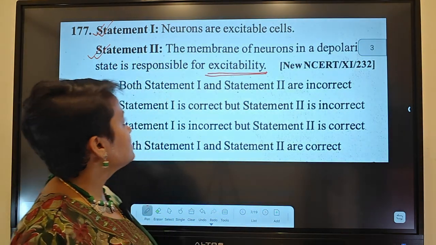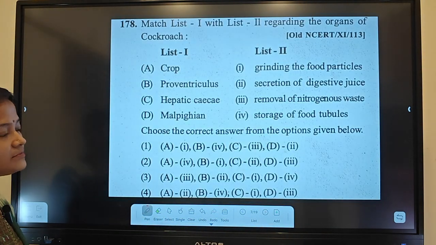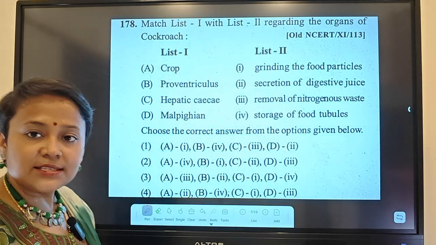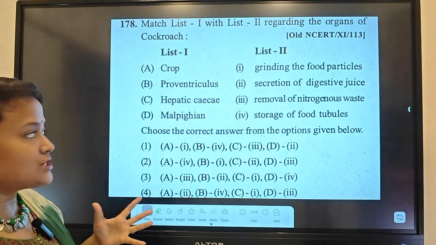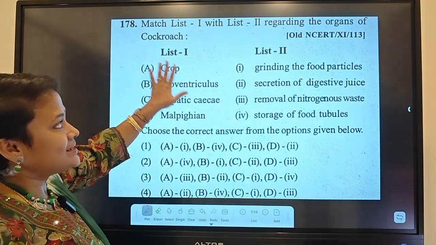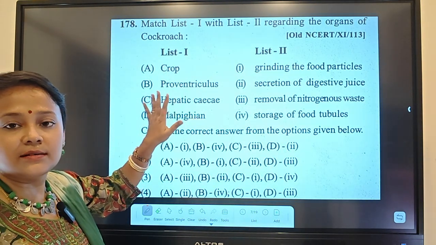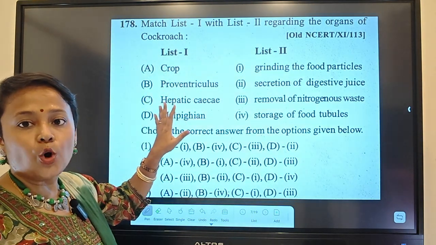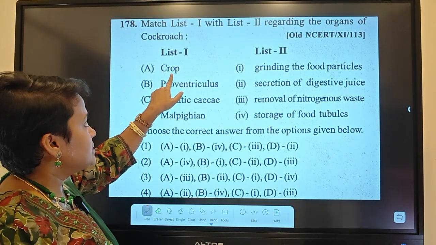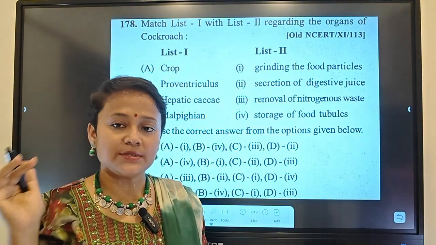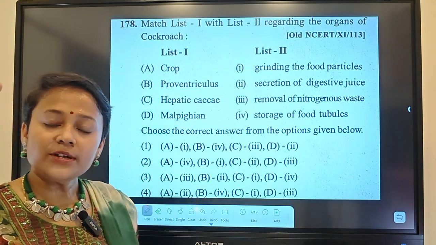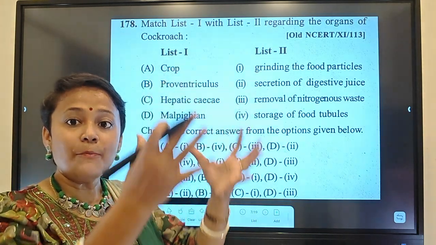Coming to the next one. This will be my last question. Next is a matching question. Match the following. Crop. It is a question asked from the cockroach. After the esophagus, if you recall the diagram of the digestive system of cockroach, there is a pouch-like structure.